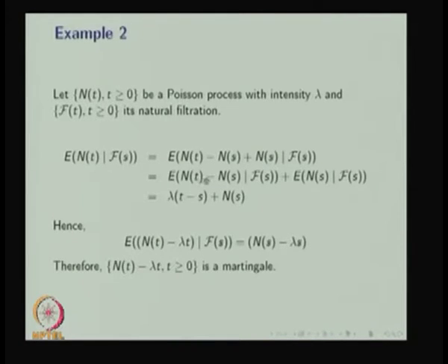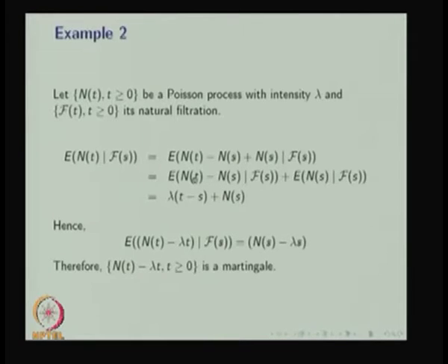Therefore, you know the property of Poisson process: for s less than t, N of t minus N of s are the increments, and the increments are stationary and independent. Therefore, N of t minus N of s is independent of F of s.